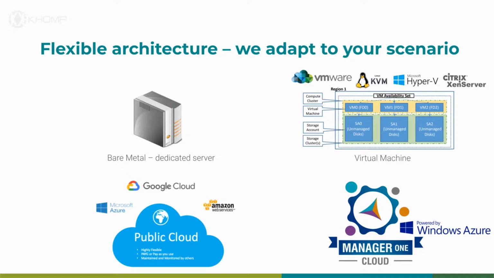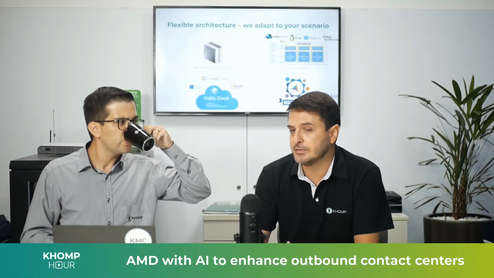So tell me a little bit more about our cloud, our fully cloud services, Everton. If you are ready for the cloud, if your dialer, for example, is already running on cloud, it's much more simple. You use the Manager One Cloud.